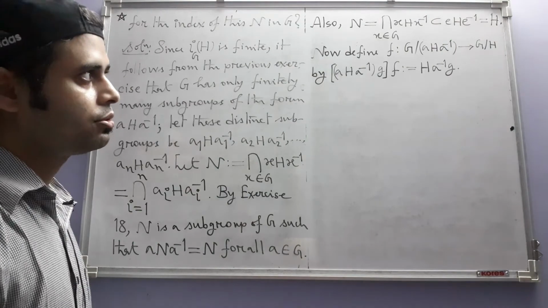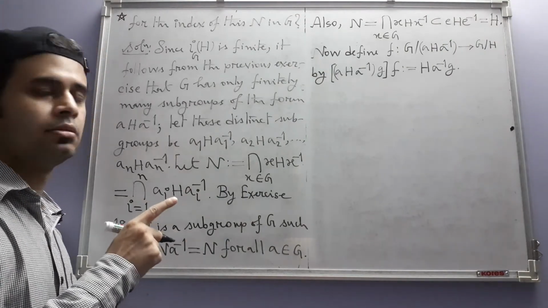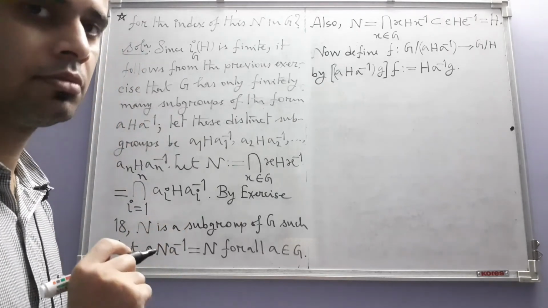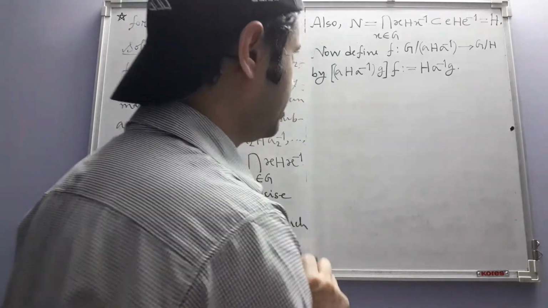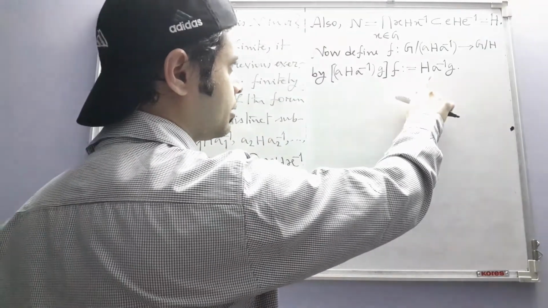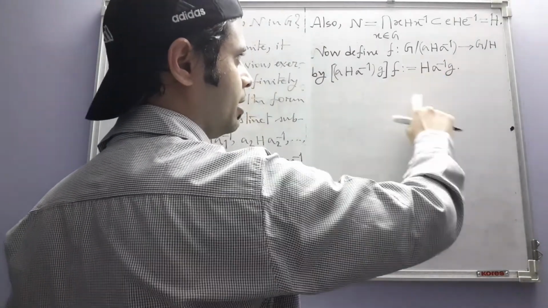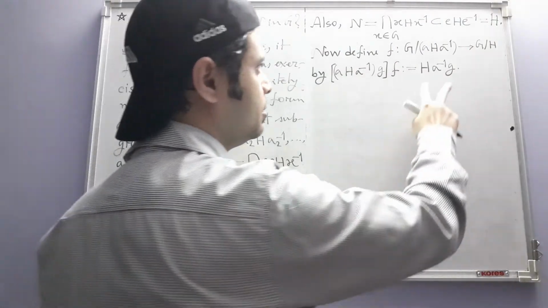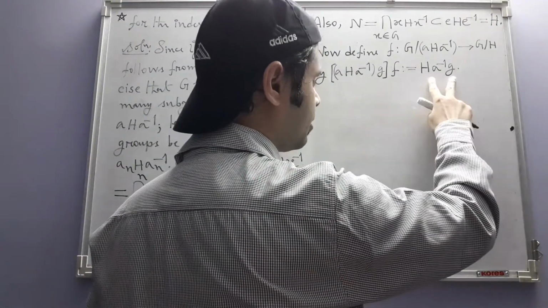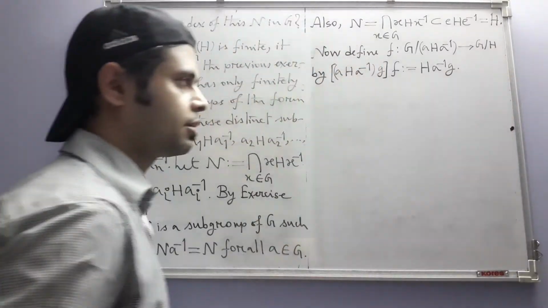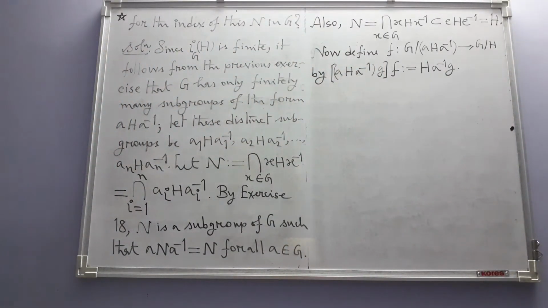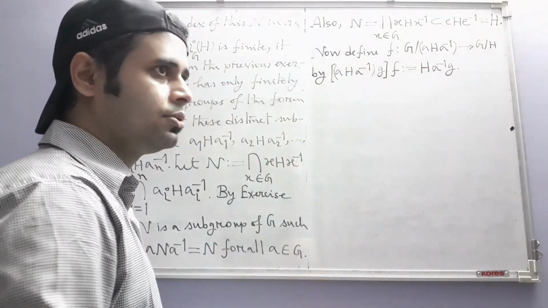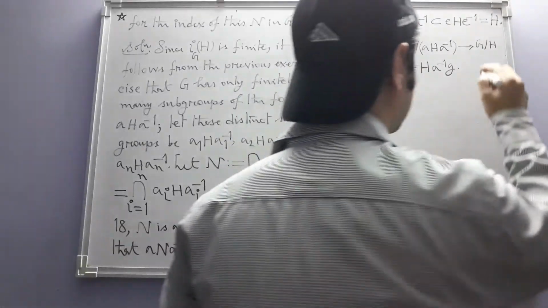Okay, that thing is understood. Now our aim is to show that this map is bijective, but first of all we have to show that this map is well defined. One thing is clear, that this is a right coset of H in G, because this A inverse G is after all an element of G. So every output is in this set of all right cosets of H in G. So we only now have to show that equal inputs give us equal outputs.